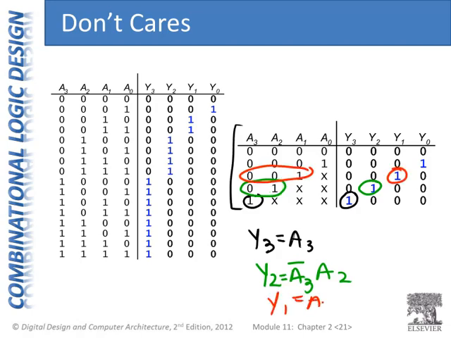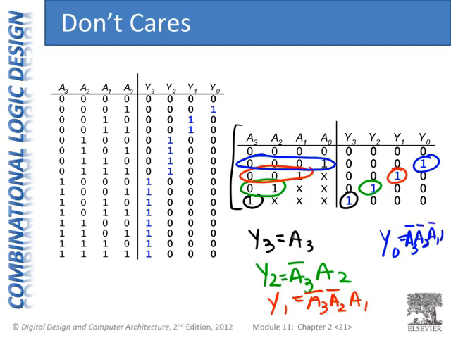Y1 is A3 bar, A2 bar, A1, and finally Y0 is A3 bar, A2 bar, A1 bar, A0. And so we end up with the same result as when we analyzed this larger truth table, either by inspection or more methodically by putting it into a K-map. But this more concise truth table is a lot easier to understand and also easier for figuring out what those output equations are.